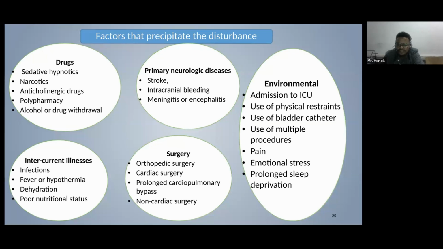For example, the use of bladder catheter was one of the factors associated with delirium in our study. Use of multiple procedures, pain, especially unmanaged pain, emotional stress and prolonged sleep deprivation are the factors that precipitate the disturbance or delirium.